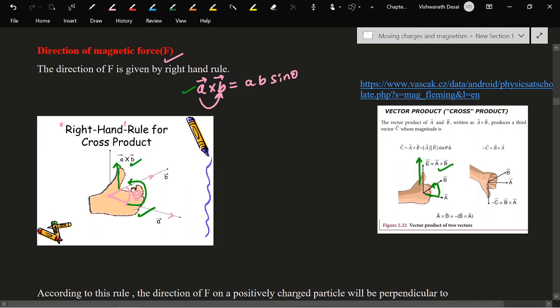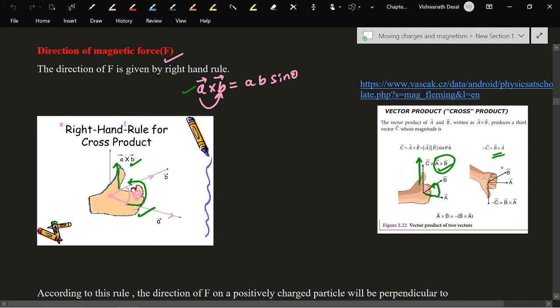Suppose you multiply with a negative sign. According to the rule of cross product, if you write minus, you can interchange. A cross B equals minus B cross A. This is the rule of the cross product. It doesn't obey the commutative law.